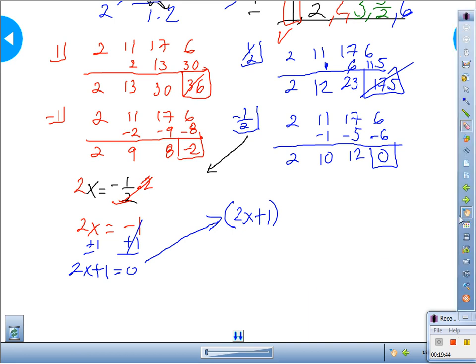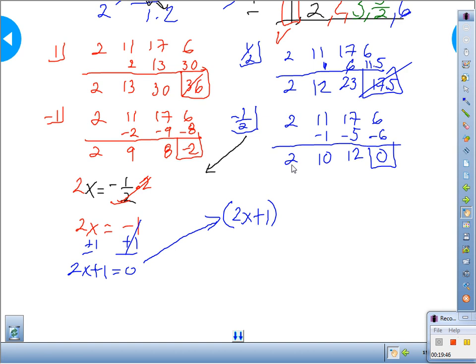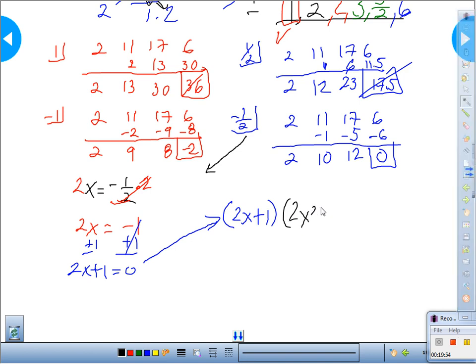All right, so let's see. We had started with a cubic function, and if we already have the x here, this is a what? A squared. So this is 2x squared, this is 10x, and this is 12.